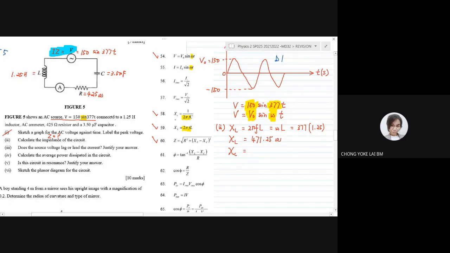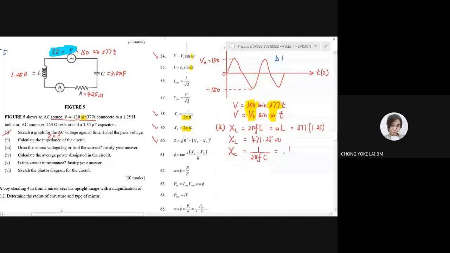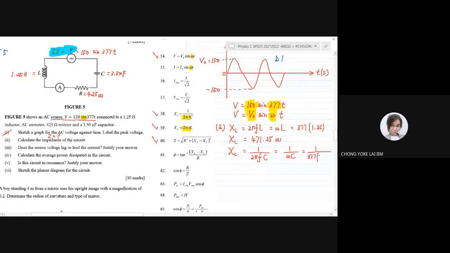So XC guna equation 58 lah. So masukkan nilai. Omega is 377. So the C is 3.5. Tapi jangan ganti 3.5 je lah sebab ada microfarad.